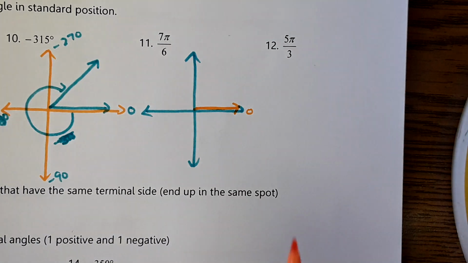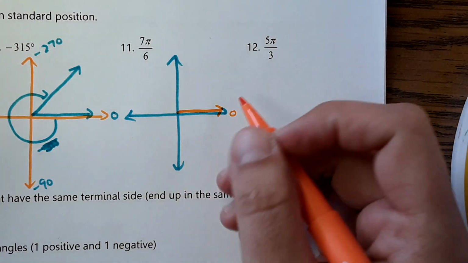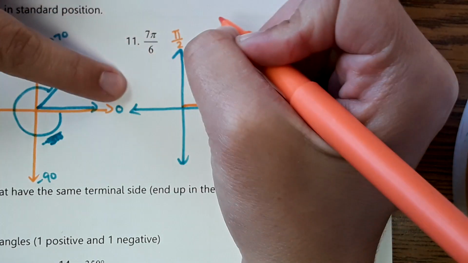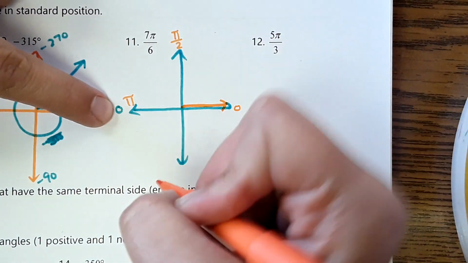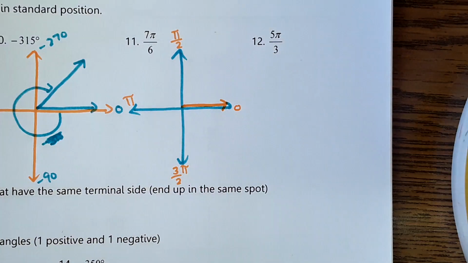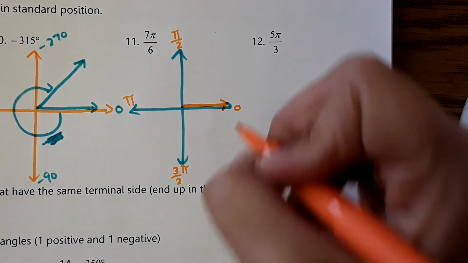Remember it's 2 pi all the way around. So each part, this would be pi over 2. This would be pi. This would be 3 halves pi. And then 0, which would be 2 pi.